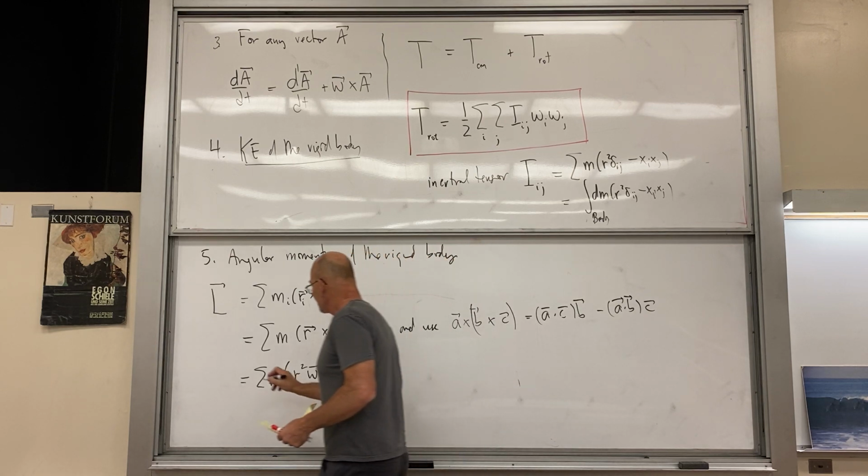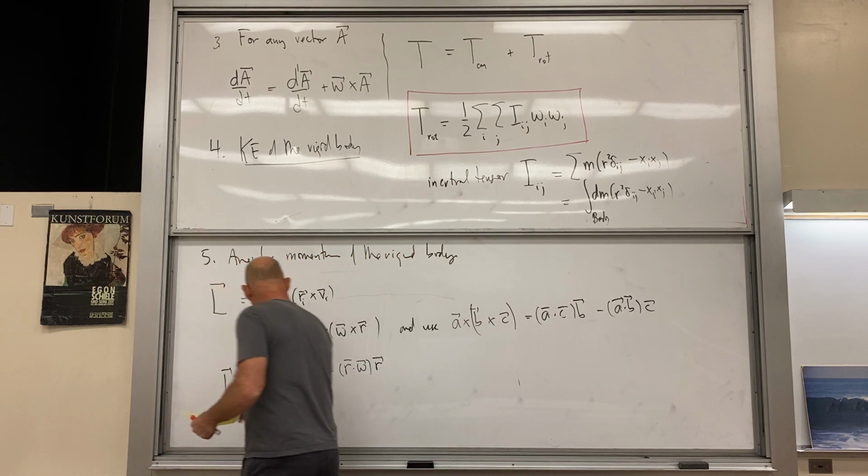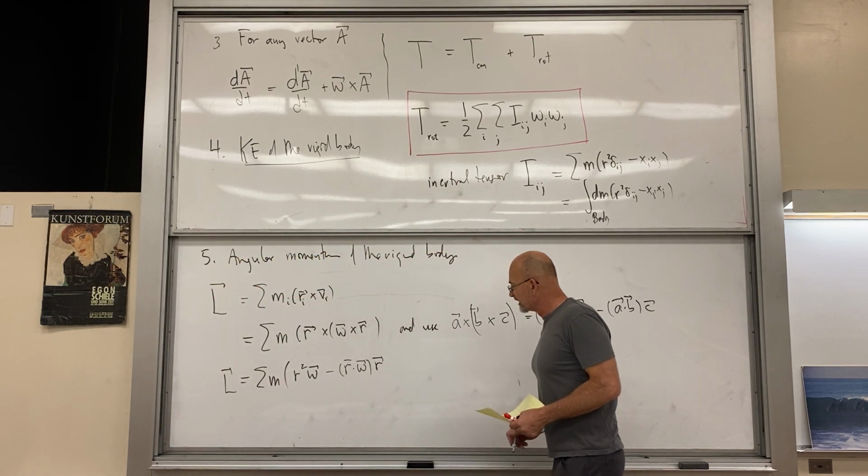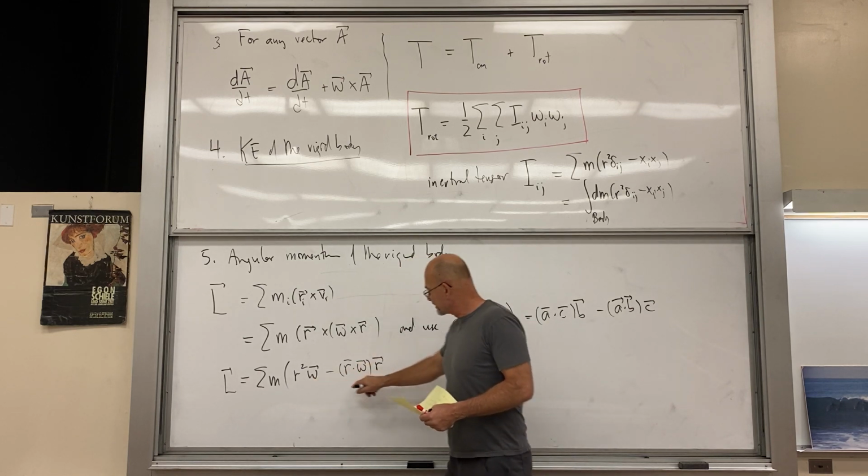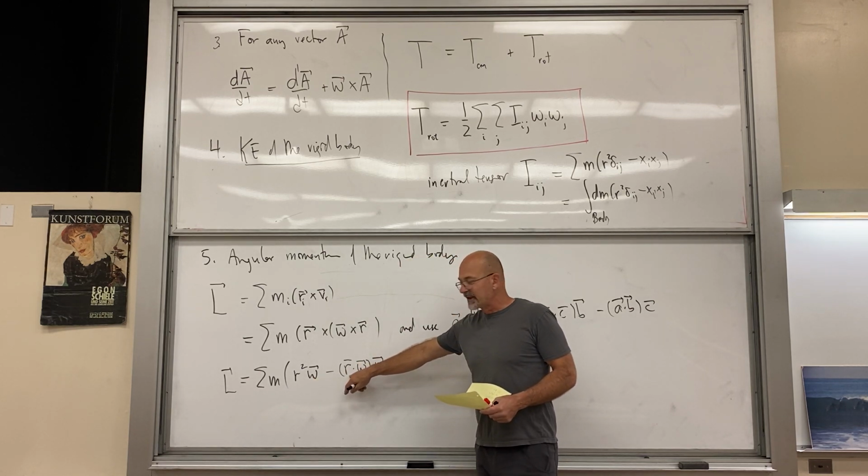So this may be the angular momentum, but things are kind of mixed up right now because we have the omega here as a vector and here it's in the form of a scalar product.